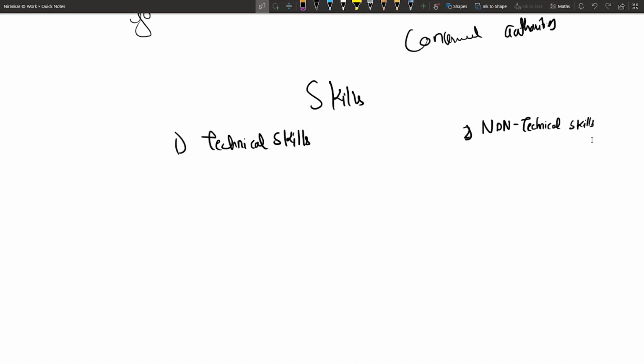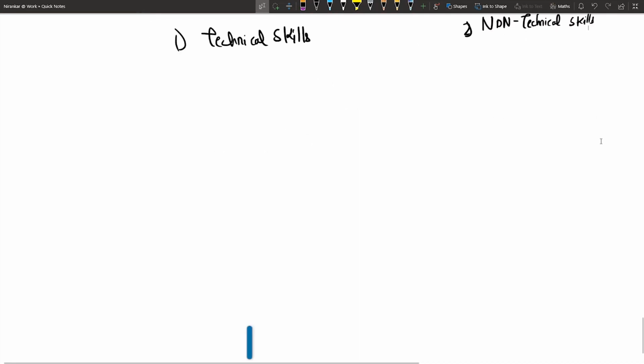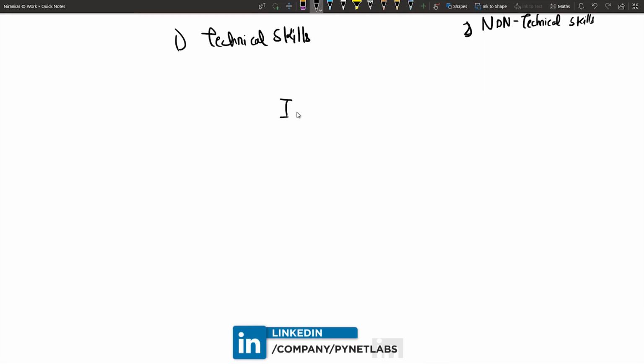Now, I will summarize the techniques that are used in information security controls, starting with IA, that is information assurance.